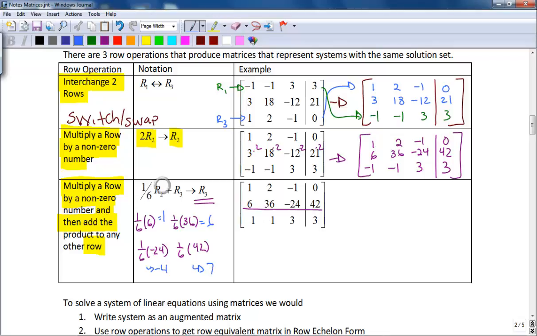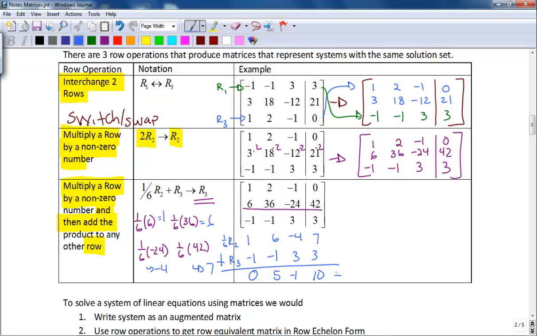So if I want to multiply row 2 by a sixth and add it to row 3, I would be adding this 1, 6, -4, and 7. Remember, this is a sixth of row 2 with row 3, and row 3 is -1, -1, 3, and 3. If I add those together, 1 plus a -1 is 0, 6 plus a -1 is 5, -4 plus 3, -1, 7 plus 3, 10.